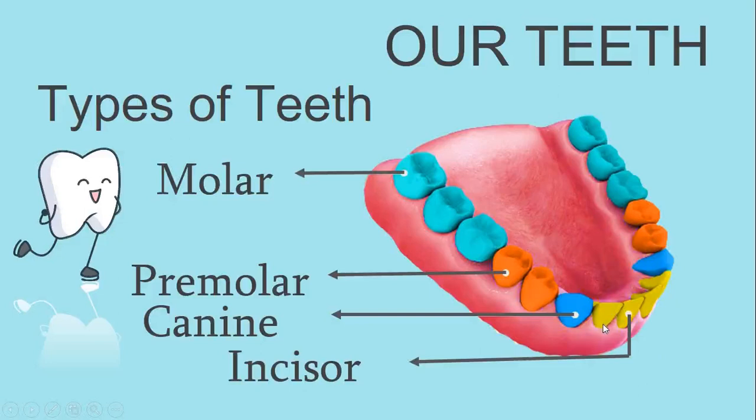Canines are sharp and pointed. The premolars have a flat biting surface and molars are the largest of the teeth. Molars have a large flat biting surface. We have 32 teeth in their permanent set, that are 8 incisors, 4 canines, 8 premolars and 12 molars.